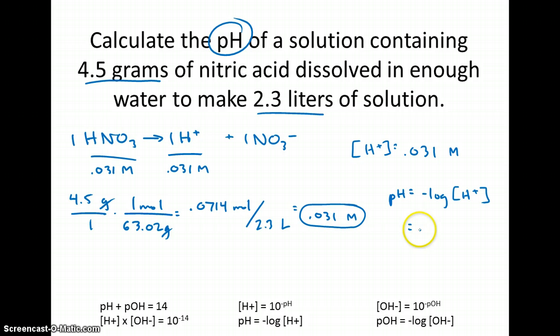That comes out to be the negative log of 0.031. If I put that in my calculator, I will get 1.5 as the pH of this nitric acid solution. Next one.